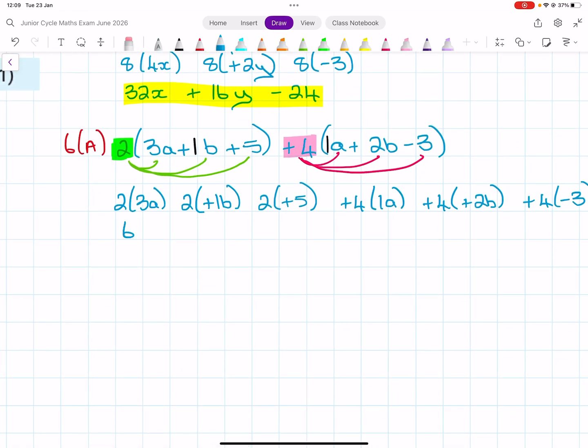So 2 by 3 is 6a. 2 by 1 is 2, and then 2b, and that's a plus. 2 by 5 is 10, and again, they're both pluses, so the answer is a plus. Here, it's 4 by 1 is 4. It's 4a, and they're both pluses, so the answer is plus.